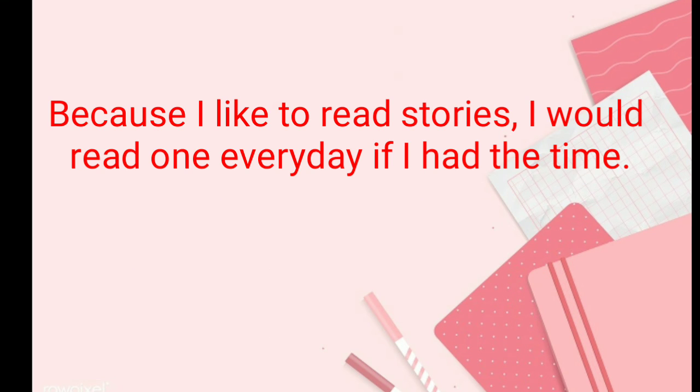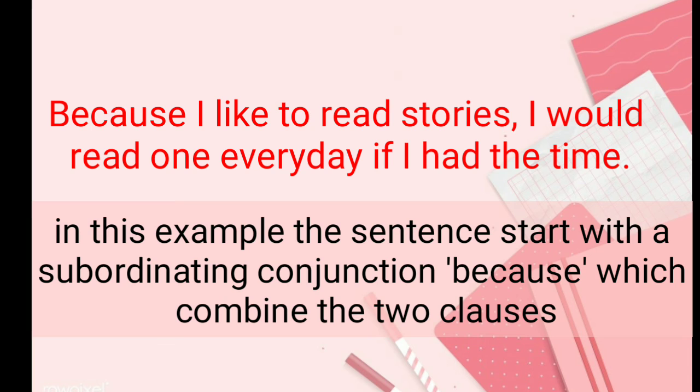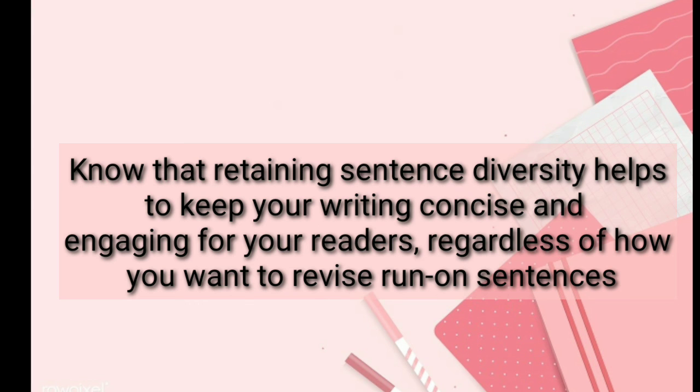Example: Because I like to read stories, I would read one every day if I had a time. In this example, the sentence starts with a subordinating conjunction, because, which combines the two clauses or the two sentences. And know that retaining sentence diversity helps to keep your writing concise and engaging for your readers, regardless of how you want to revise for run-on sentences.